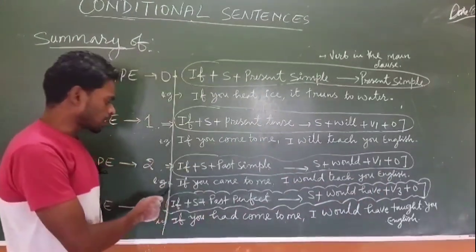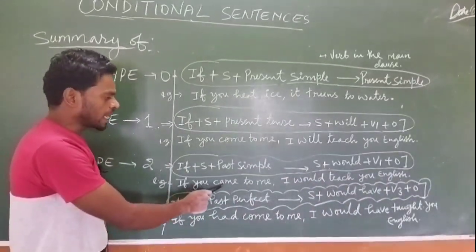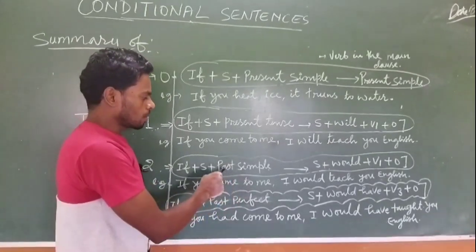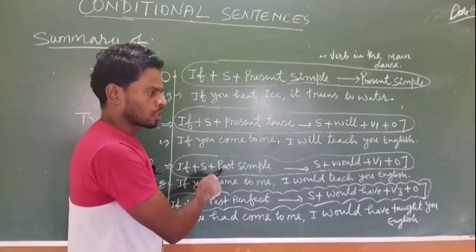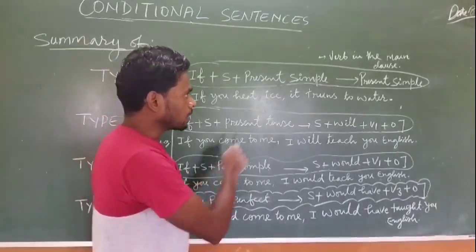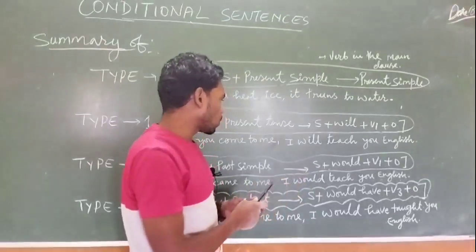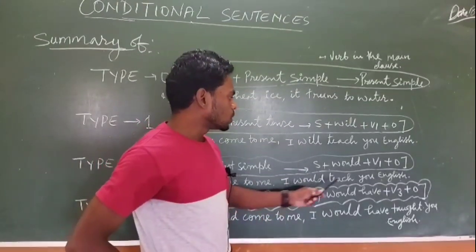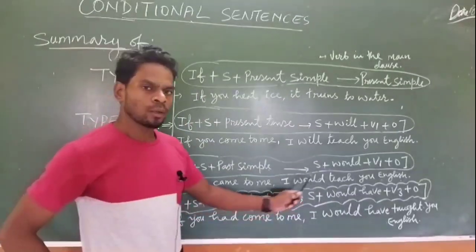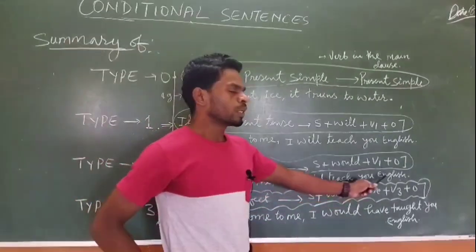So one example is here: if you came to me. 'If you came to me' is in past simple tense, and it is the if clause. So the main clause or the principal clause will be 'I would teach you English'. So if you came to me, I would teach you English.